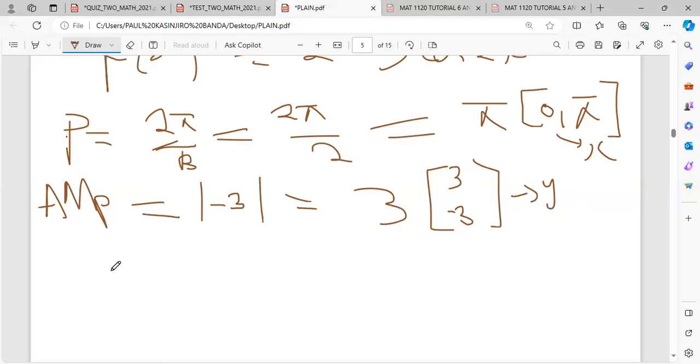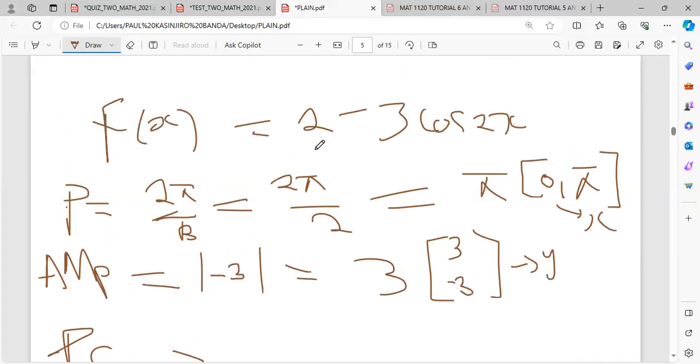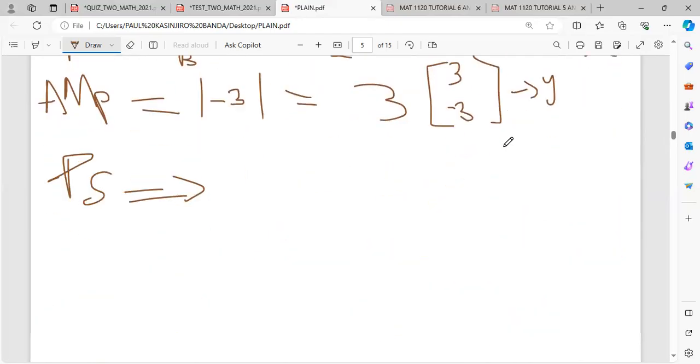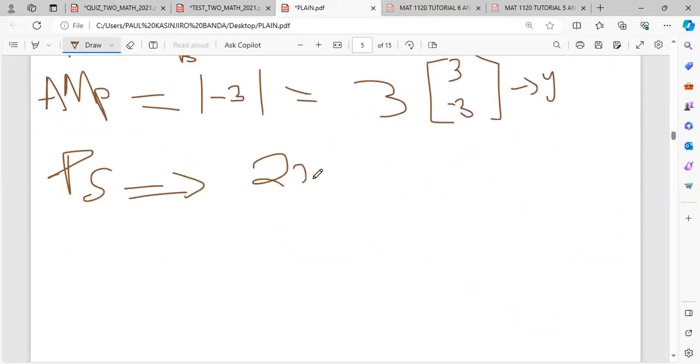Then after that you're going to find your phase shift. We said phase shift is just to get anything that is paired with x, then you equate it to 0. So here you can see that you have 2x. You're going to equate it to 0.